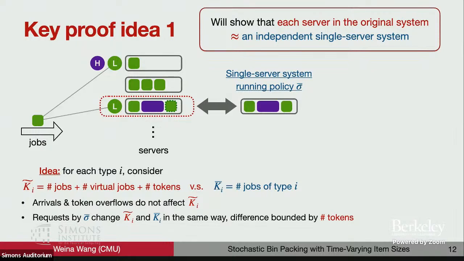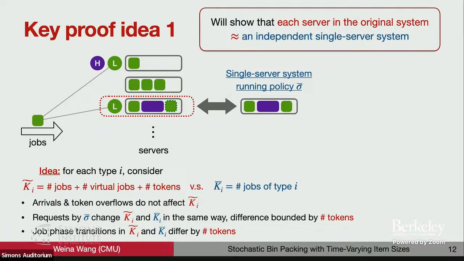But like I said, the state will differ by the number of tokens, but we will bound the number of tokens at the end. Another thing is the job departure process, which will differ by the phase transition. If we compare this with this, they differ by the number of tokens, which is actually bounded, because the way we implement the algorithm, we force the number of tokens to be bounded.